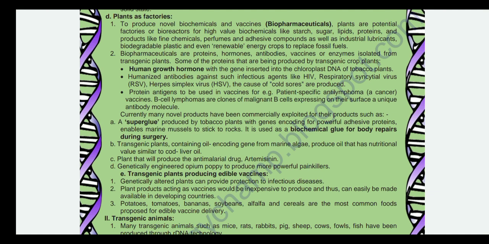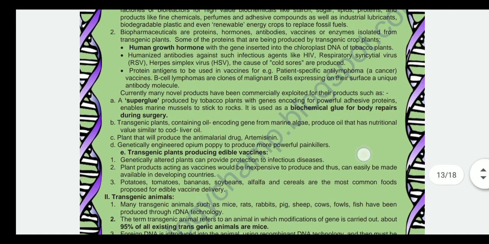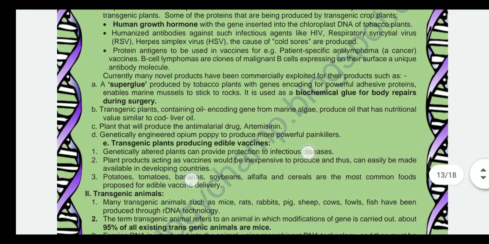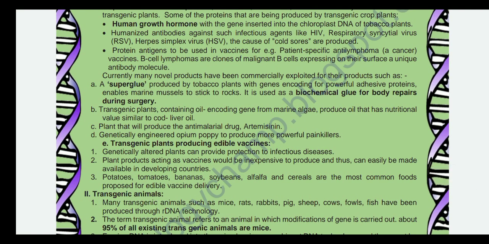Produced protein antigens to be used in vaccines, for example patient specific anti-lymphoma, that is a cancer vaccine, can be made. B cell lymphomas are clones of malignant B cells. Malignant means a kind of cancerous tumor, expressing on their surface a unique antibody molecule.